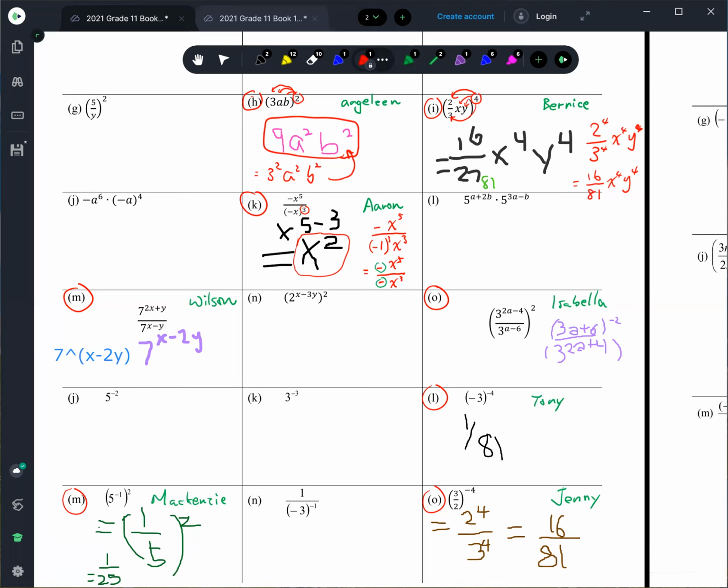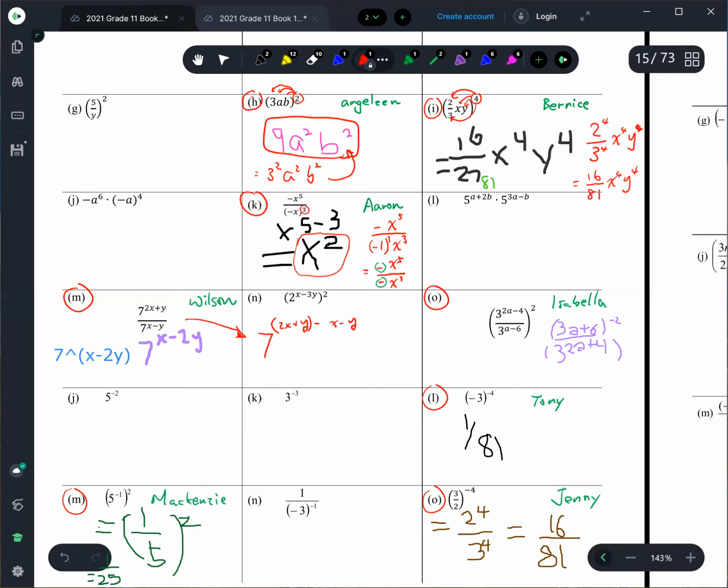Okay, and then this one, question M. Question M is a little bit tricky. I'll show the step on the side. They are dividing, right? So exponent, they should subtract each other. So it'll be 2x plus y subtract x minus y, right? But the tricky part is you need to take the exponent on the top, subtract the exponent at the bottom. I think it's the second rule of the same base.